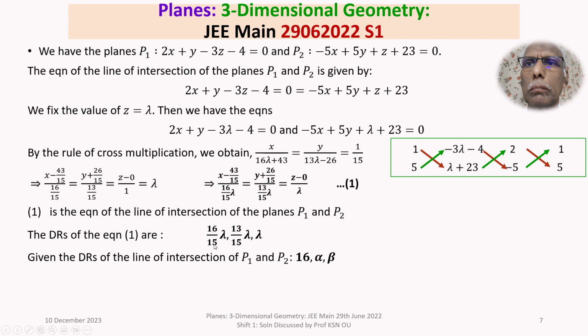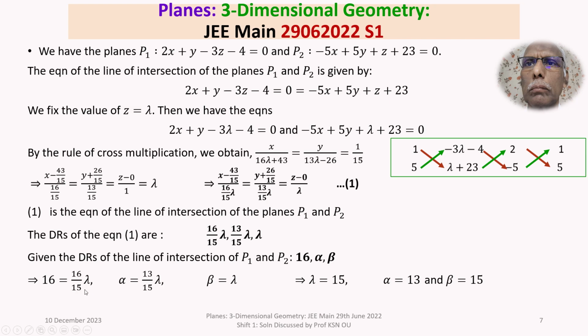So equating the corresponding terms, you get 16 by 15 lambda is equal to 16, alpha is equal to 13 by 15 lambda, beta is equal to lambda. In the first one, 16 is equal to 16 by 15 lambda. 16 cancels, and lambda is equal to 15.